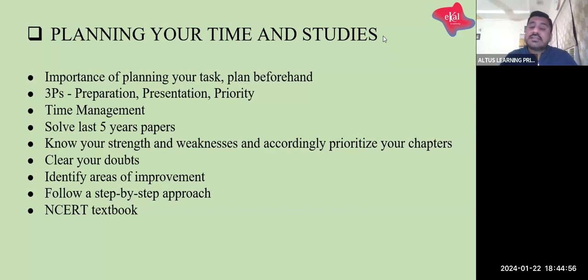So that is called the step-by-step approach. You cannot just start the chapter with any random topic or with any random formula. You should have the basic idea clear in your mind.